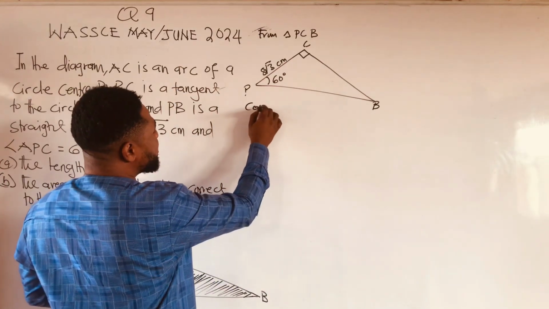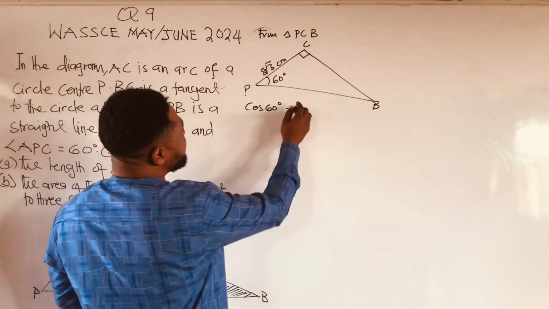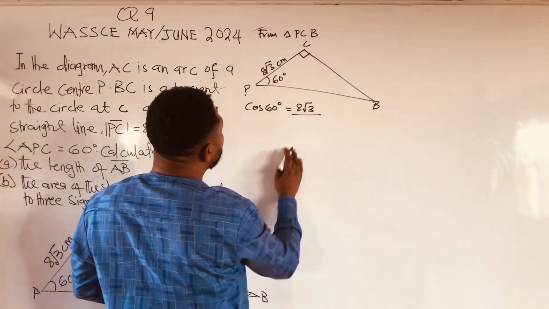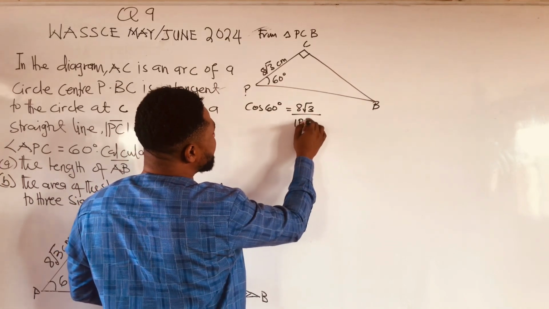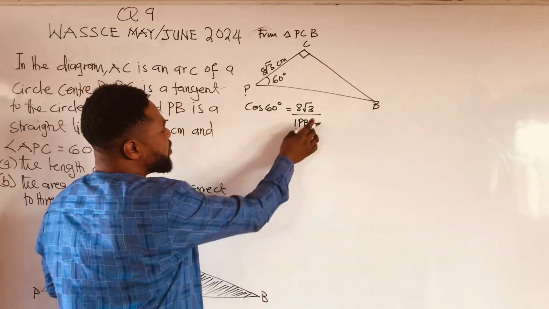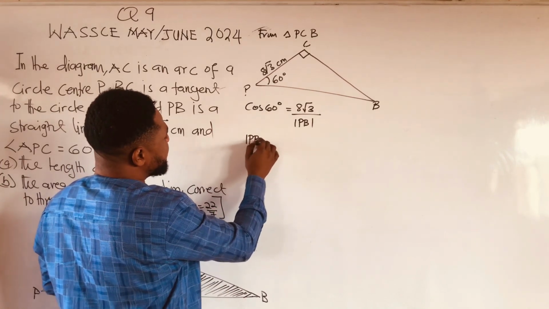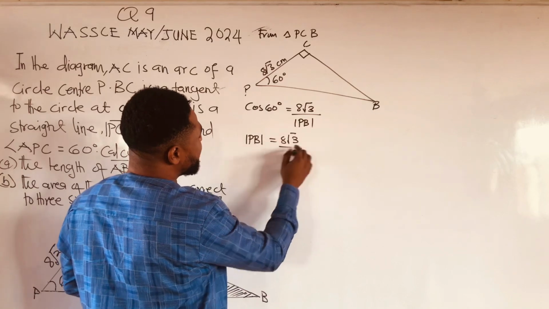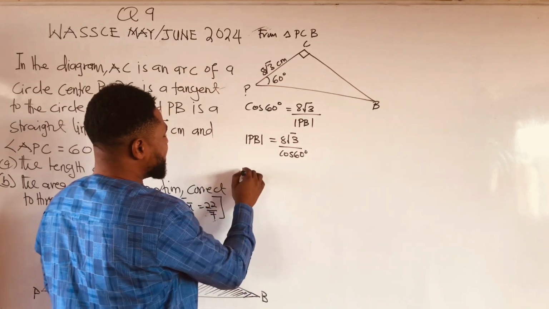So we write cos 60 degrees is equal to our adjacent, which will be 8√3, all over our hypotenuse, which will be PB, all right? We make PB the subject. Therefore, we can say that PB is equal to 8√3 all over cos 60 degrees.